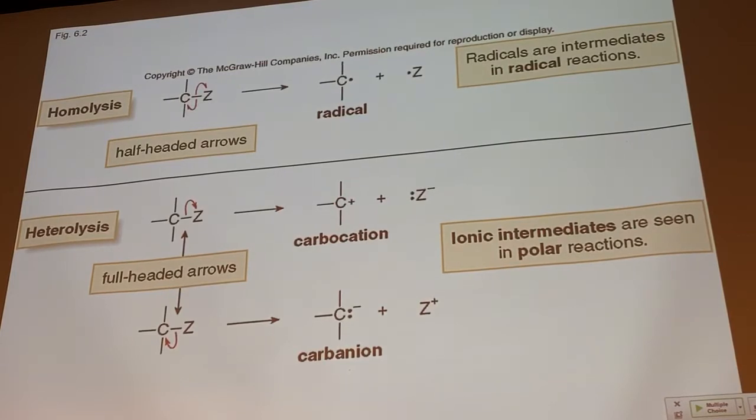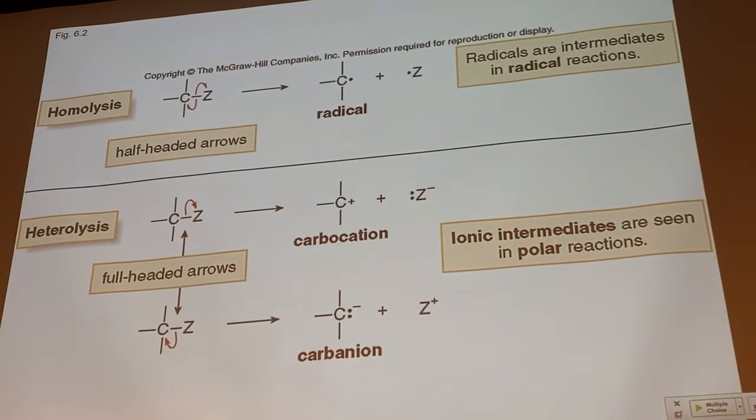We refer to that as a carbocation. We'll encounter carbocations in chapter 7 and in several of the chapters after that. They're very common reactive intermediates. Then this carbocation, because it's an intermediate, is going to react further with some other reagent to give the final product of the reaction.